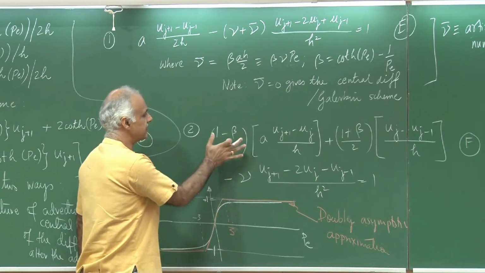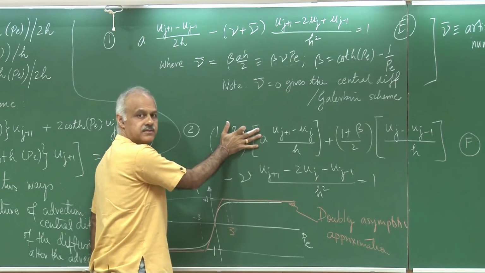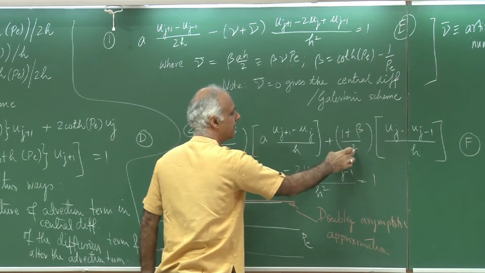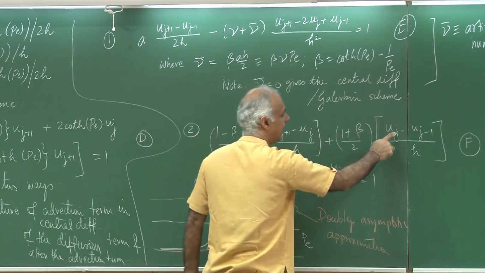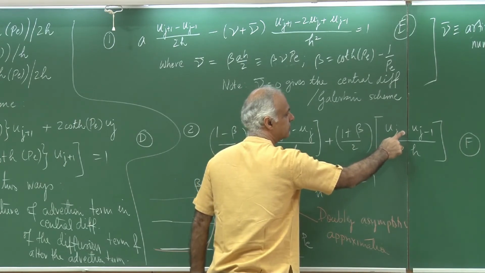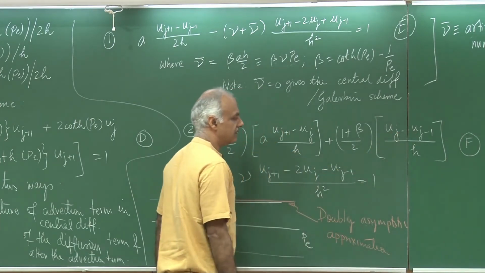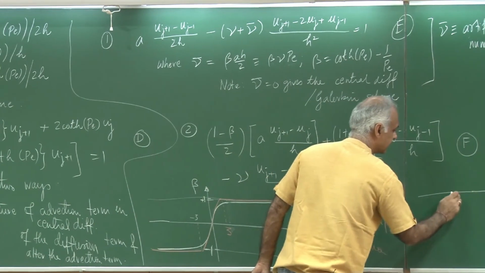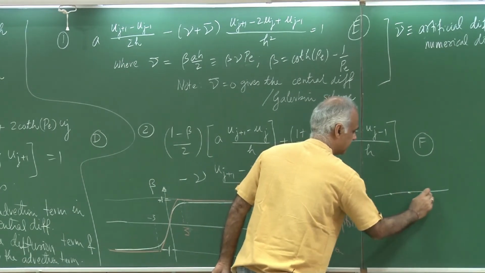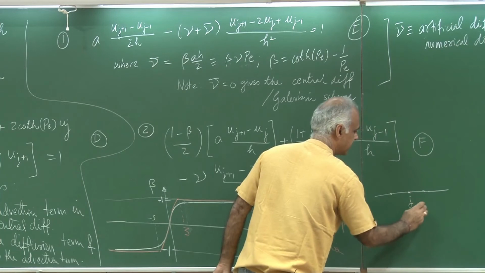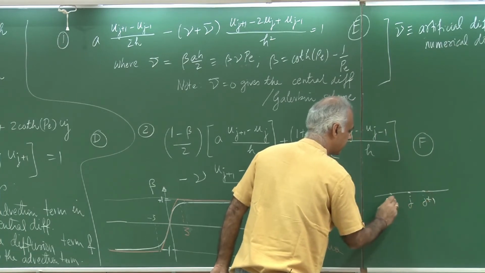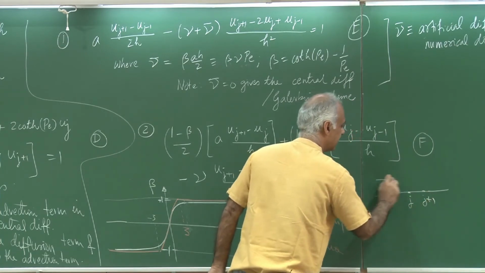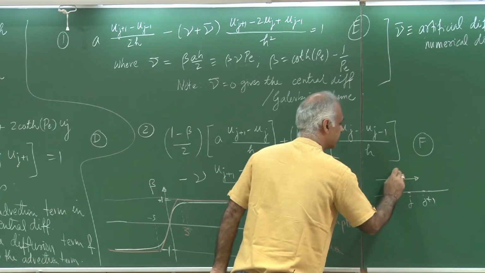What that would do is this term drops out. This 1 plus beta by 2 becomes 1, and I am left with this term u j minus 1. So, let me remind you what our grid is. This is point j, this is j plus 1, this is j minus 1, and this is my advection direction A.